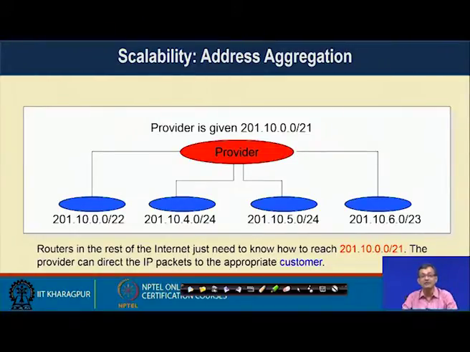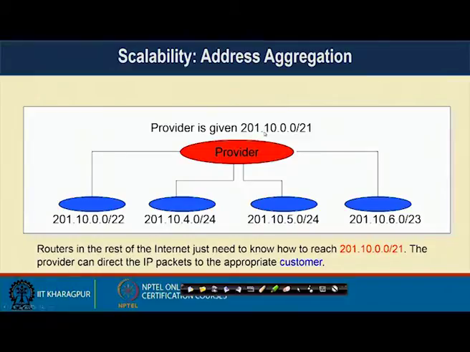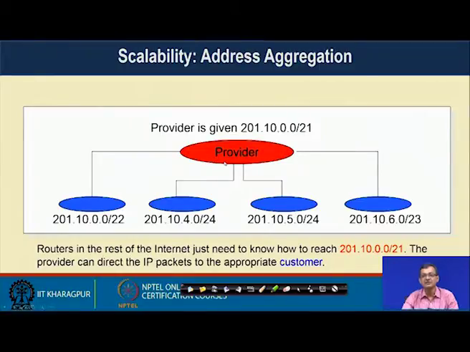So the provider can now direct the IP packets to the appropriate customer. If the provider has these customers, routers only need to know this higher level IP only, right. If this is an ISP, its customers are handled like this.